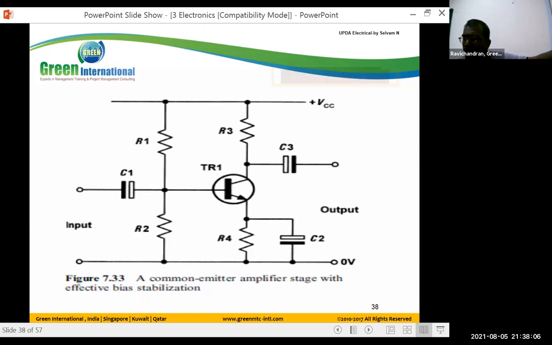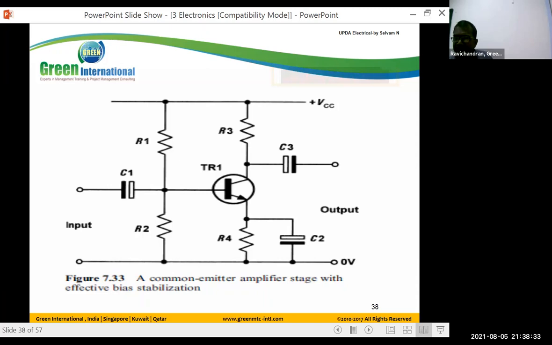Here, the capacitor filters the output signal. And these combinations we call the bypass circuit. This question is asked in the exam. They will highlight and ask about C2 or CE.